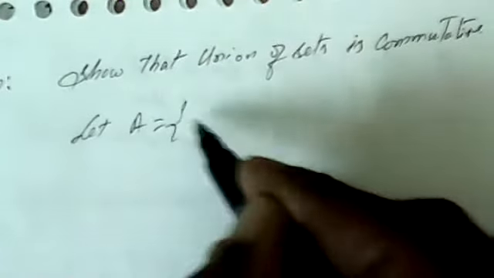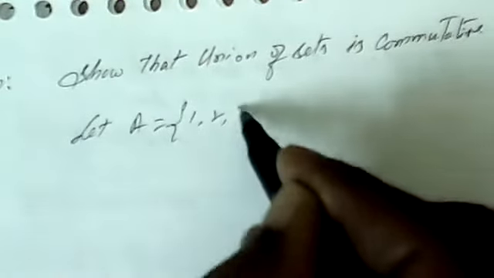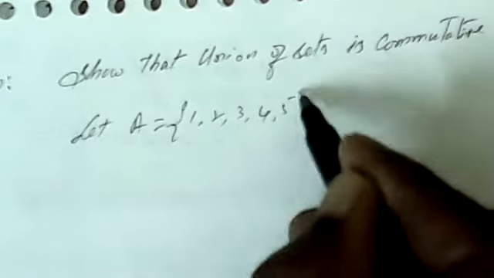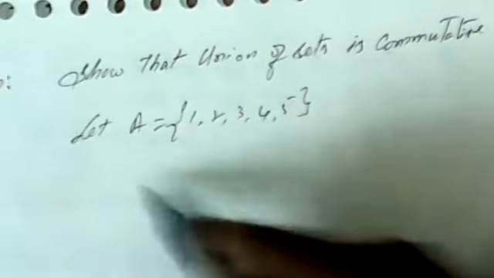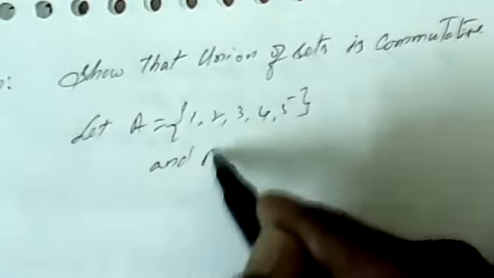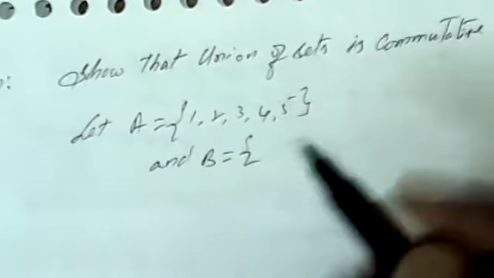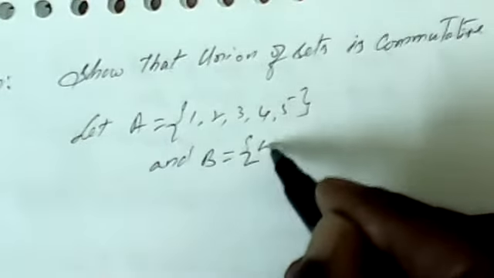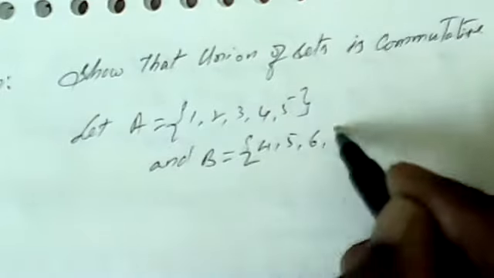Show that union of sets is commutative. It means let A and B be two sets, or assume the elements for your standard. So let A equal 1, 2, 3, 4, 5 and B equal 4, 5, 6, 7.